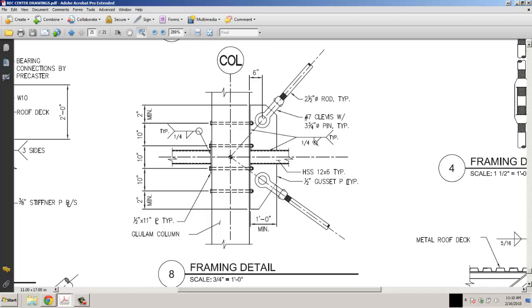This is just welded on this side here and here, typical. And this is a tube steel. It's an HSS, which I believe is tube steel 12 inches by 6 inches. We have a 1/2-inch steel gusset plate, which is a vertical piece, and that's also welded 1/4-inch fillet all the way around.